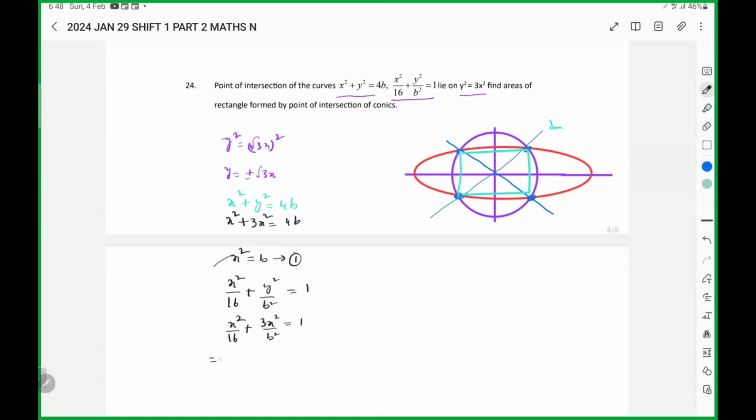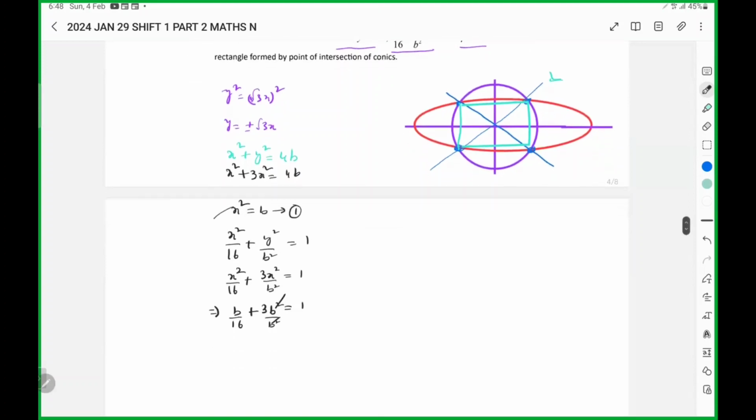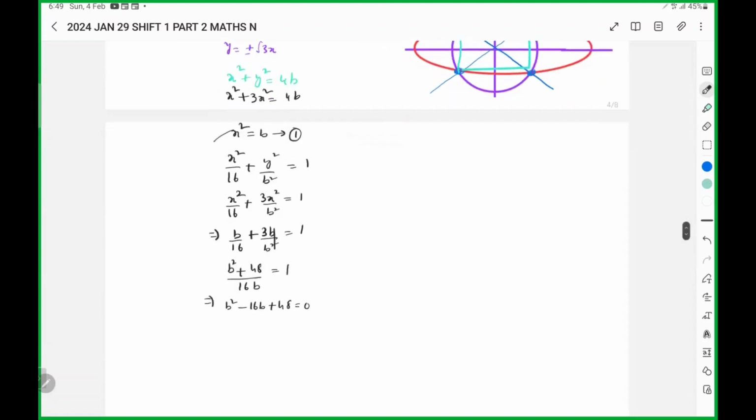And x square, we know that is b. It is b square plus 48 by 16b is equal to 1. So b is 12 or 4.